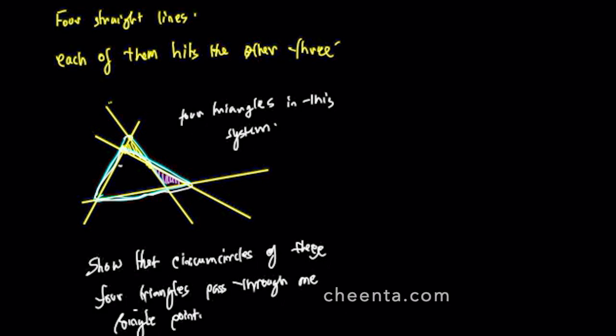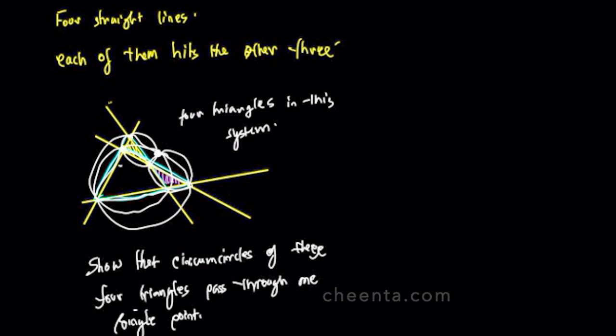So that means if you draw the circumcircles like this, then the four circumcircles will pass through one single point. Okay, maybe you can do this as homework. So this is homework, right? This is homework.